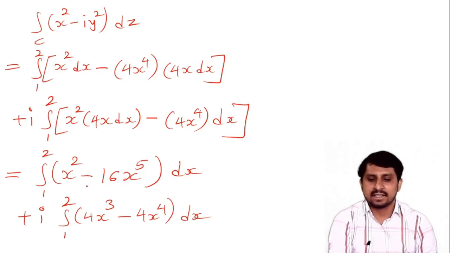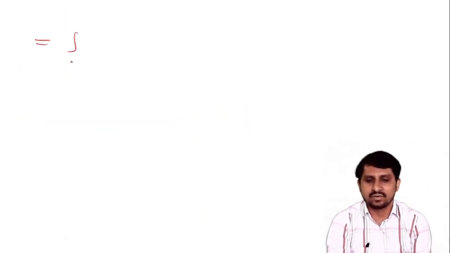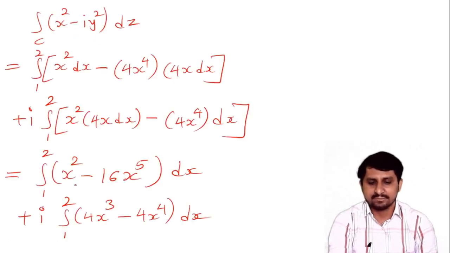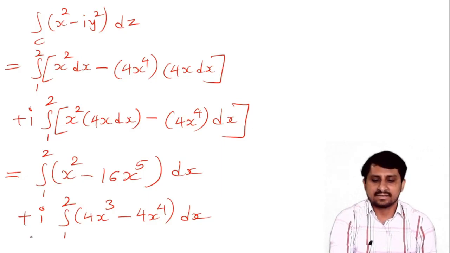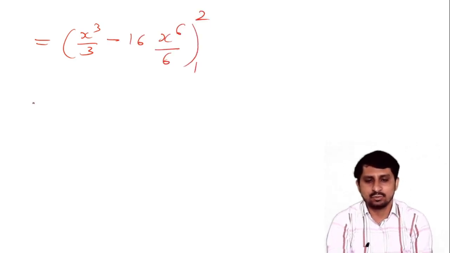Integration of x square is x cube by 3, and x raised to 6 by 6, so minus 16 x raised to 6 by 6, with limit from 1 to 2.